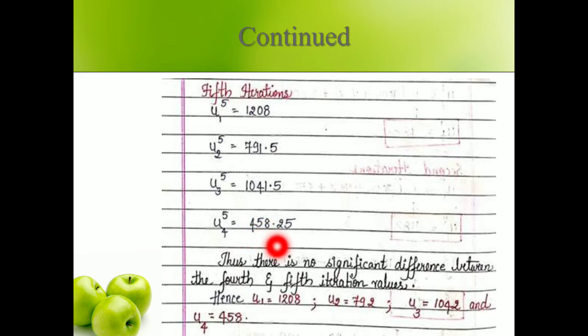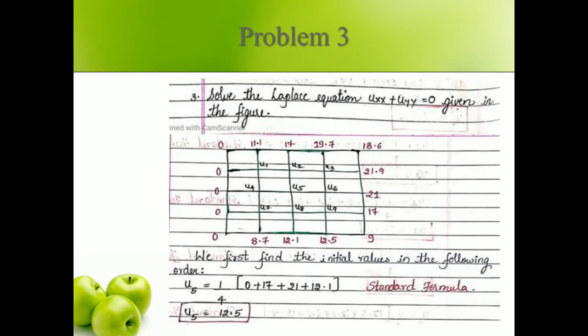Thus there is no significant difference between the fourth and fifth iteration values. So u1 is equal to 1208, u2 is 792, u3 is 1042, and u4 is 458.